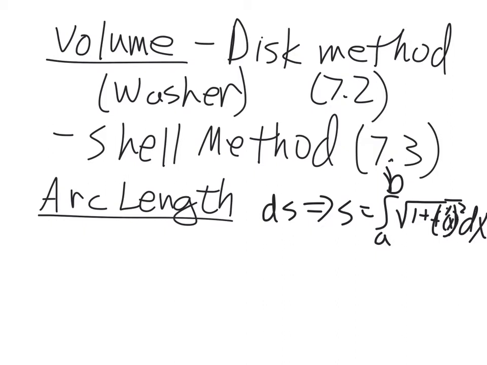Now, the derivative was probably the easiest part on this, but then plugging that in, squaring it, adding 1, and then taking the square root, yeah, those problems get a little bit ugly. Probably quite a bit of algebraic simplifying in this type of problem. So, setting it up is important.